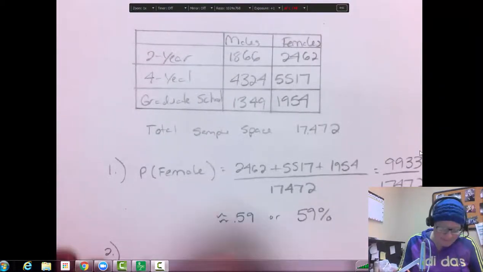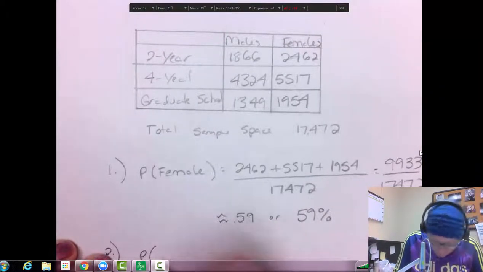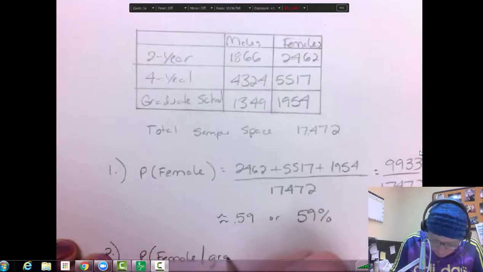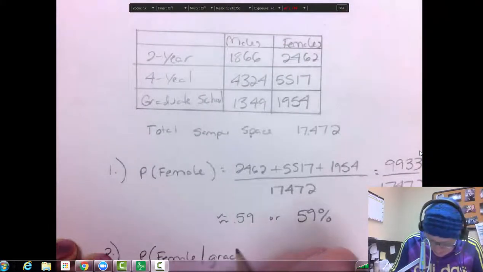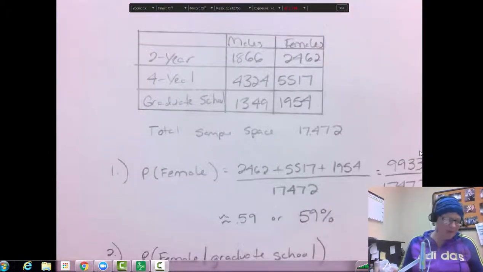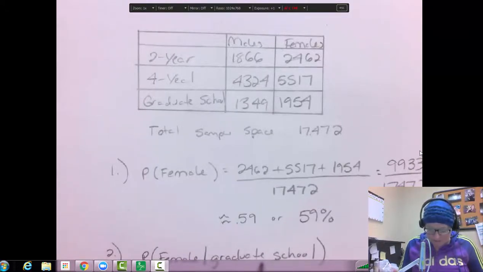What if you want the probability of a female given grad school, with the straight line? What are we saying? We're saying, what is the probability that they are female if they were a graduate student.